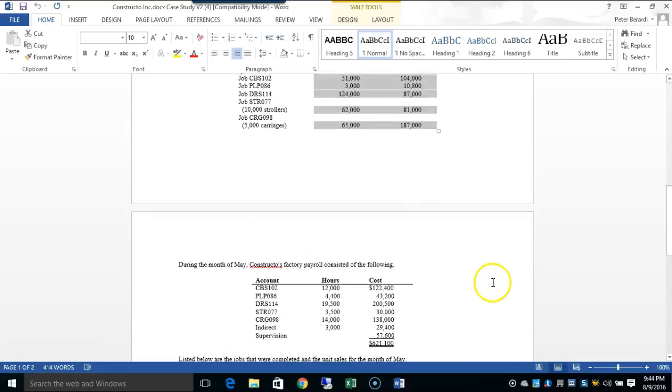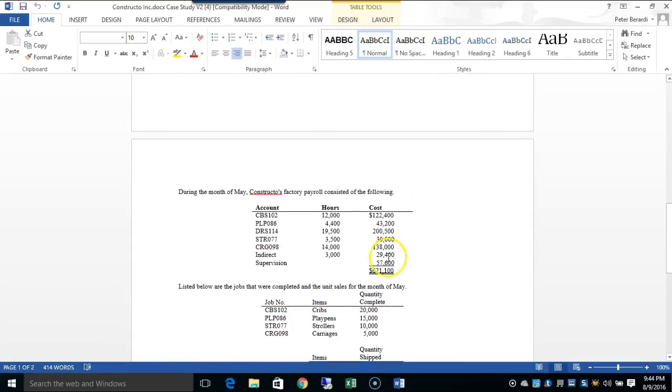Before I do this, basically, all these hours added up, including all these hours added up, times your predetermined rate would be your manufacturing overhead applied.